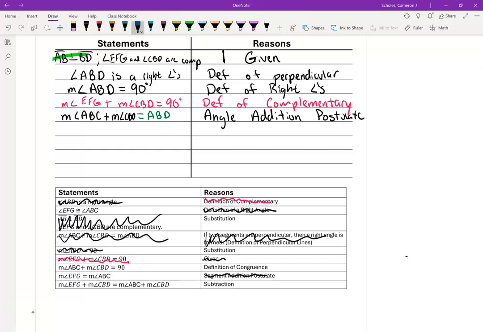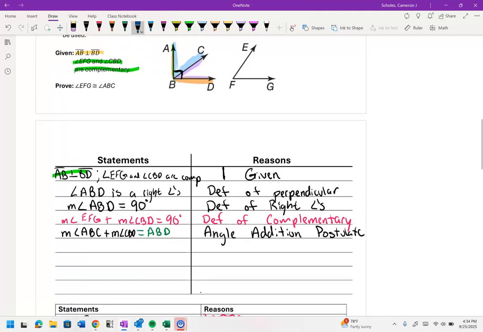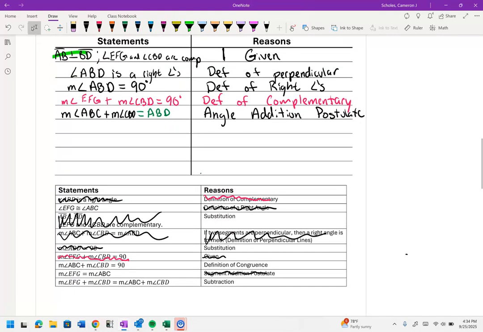As soon as we do that, we would want to replace what we know, right? We know some really important things about this. We know that angle ABD is 90 degrees based off of our third statement.